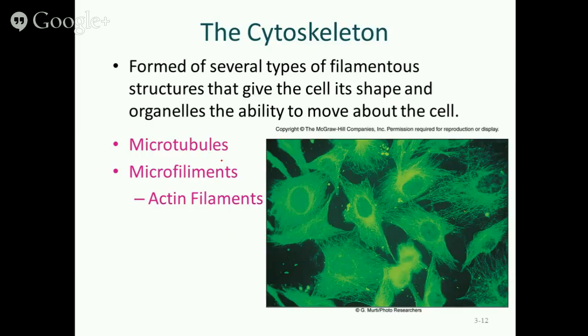The cytoskeleton are these like little muscles in the cell. And they enable the cell to stretch, expand, shrink, and just move a little bit. And they give it some shape. Okay?